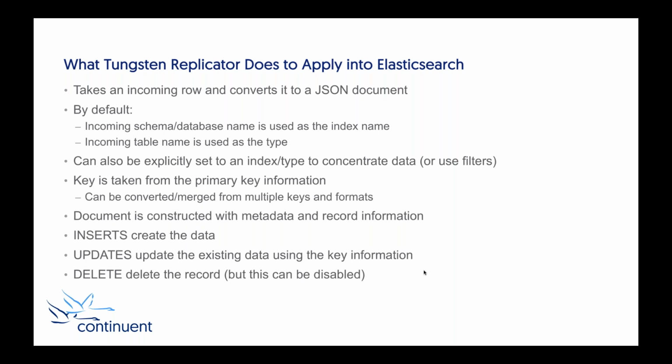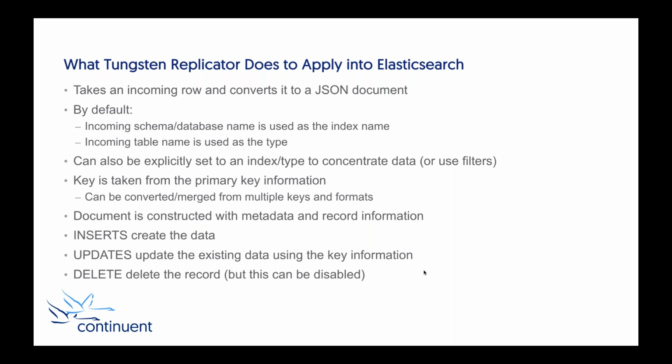So because we're taking information from a transactional database, which is generally organized from schemas and tables, over into the other side, we take the information from a single schema or database and use that as the index name, and then we take individual table names and use that as the type information within Elastic, and that hopefully organizes the information. That again is configurable. We'll have a look at some of those elements in a little while, but the organization is there by default just so that we can write the information quickly and efficiently over into Elastic.